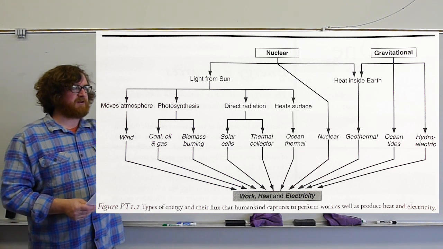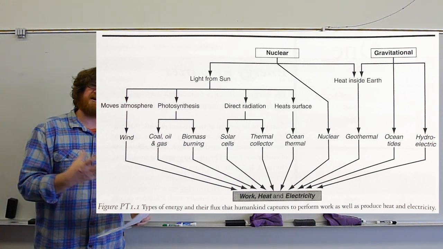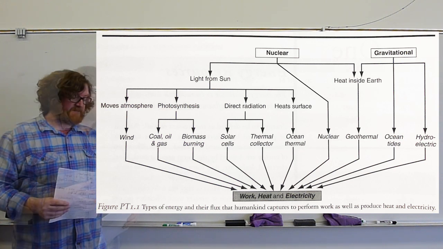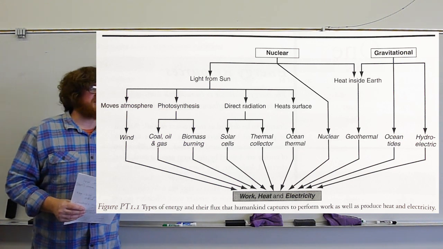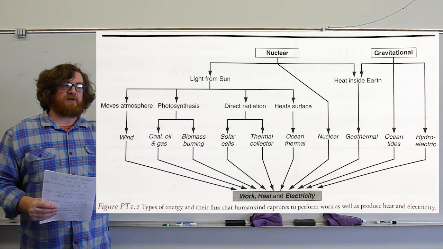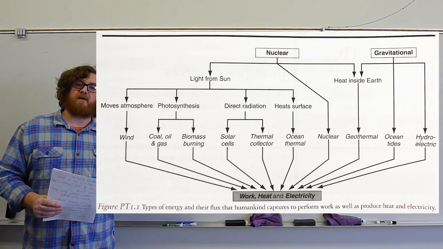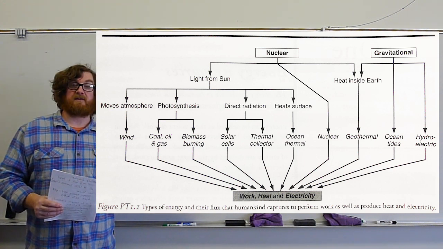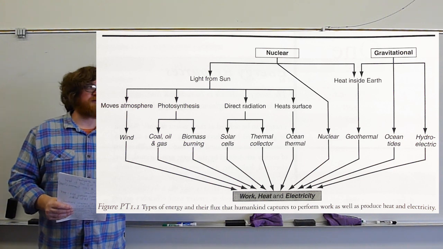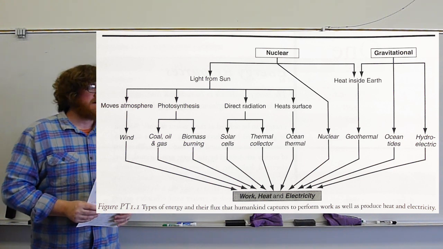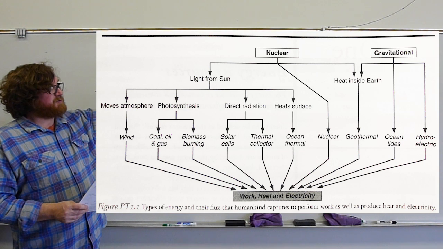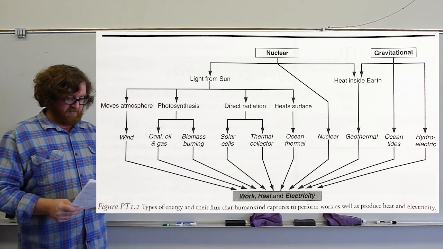There's also nuclear or radioactive decay occurring inside of the Earth. When we talk about geothermal energy, the energy in that water was initially created by radioactive decay, ultimately in the outer core. The inner core too, but primarily in the outer core. Then you can see the nuclear kind of cascades down from there.